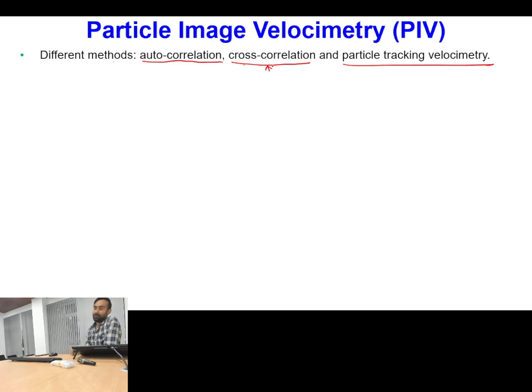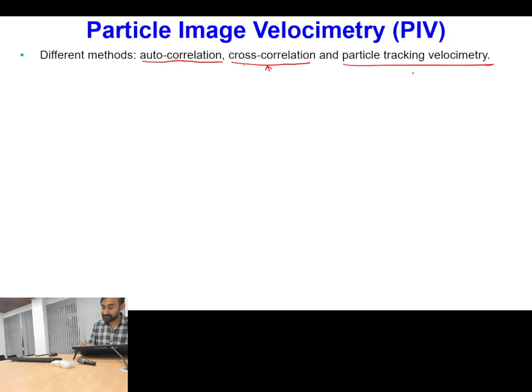In case of autocorrelation, image 1 and image 2 are superimposed on a single frame, and then if you are taking a single frame and trying to correlate there, we say autocorrelation. Okay, so it means the particles' old locations and new locations both are captured on a single frame. When we are using that type of system, then we call it autocorrelation.